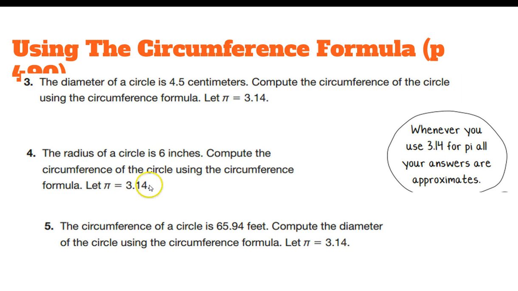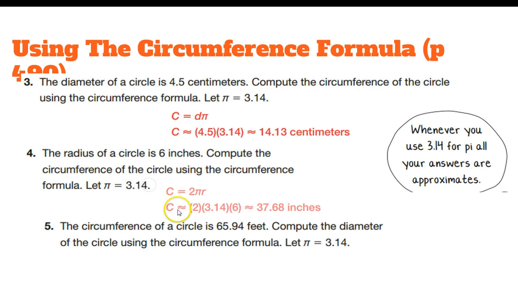So C is equal to 2 times pi times r, and that means C is approximately 2 times 3.14 times 6, which is approximately 37.68 inches, or 37 68/100 inches.